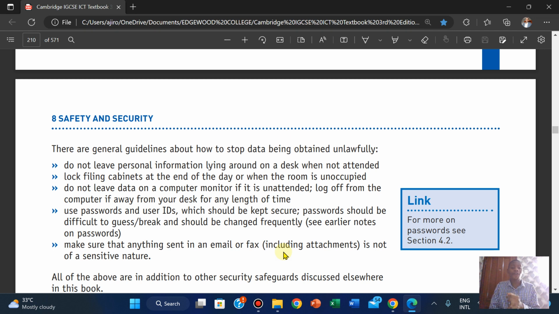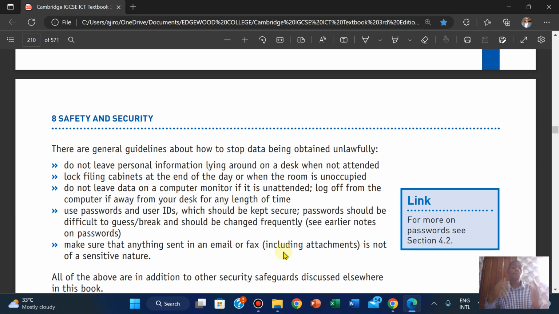Lock filing cabinets at the end of the day or when the room is unoccupied. For offices that are using a filing system, please ensure your files and cabinets are locked at the end of the work day or when you're not around, because you don't want people going in to obtain any form of files that belong to a client.